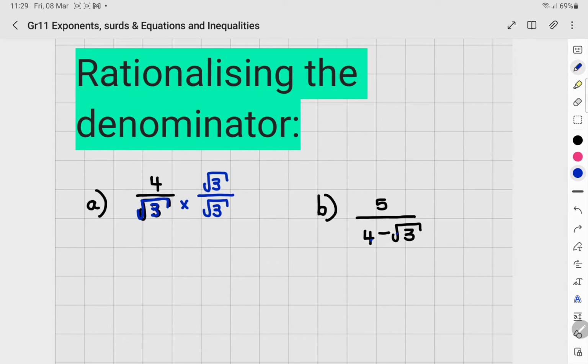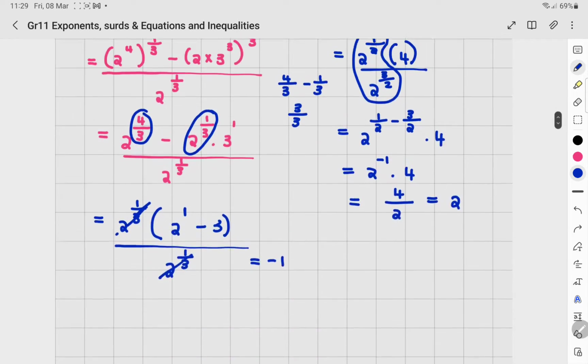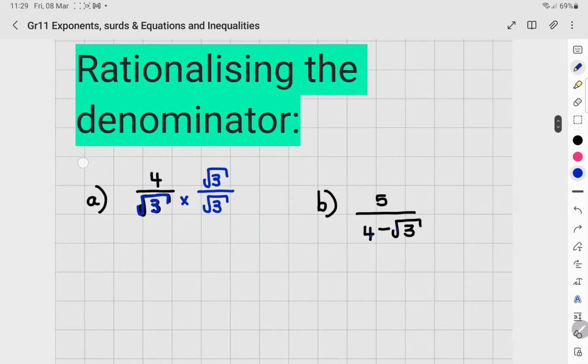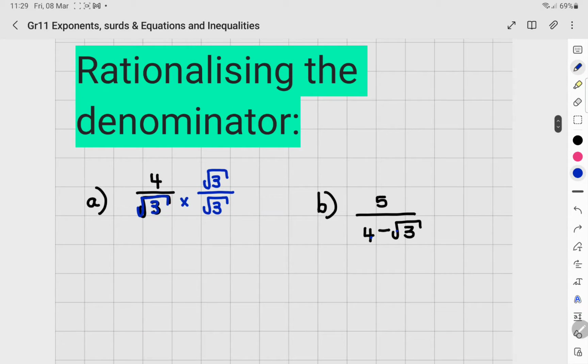We are just going to rationalize the denominator by timesing by the same thing on top and bottom, so we're just timesing by 1. And then 4 times the square root of 3 over, and remember, square root of 3 times square root of 3 is just 3. So there we've rationalized the denominator, we've taken the square root away from the bottom.